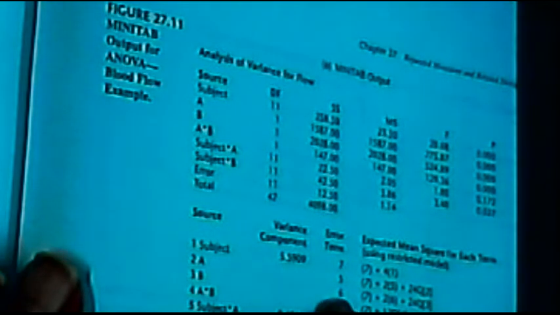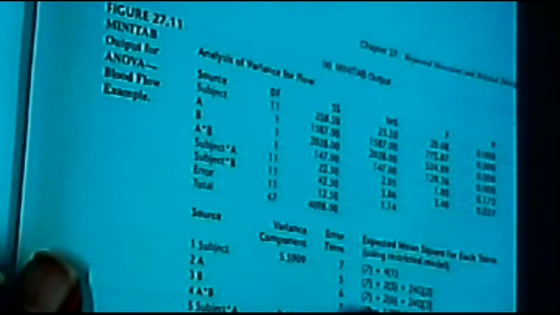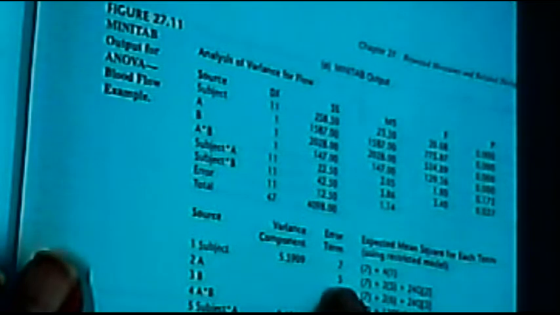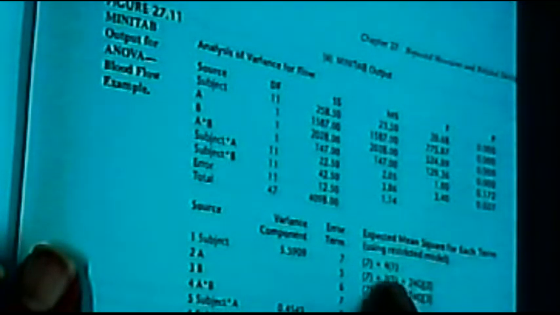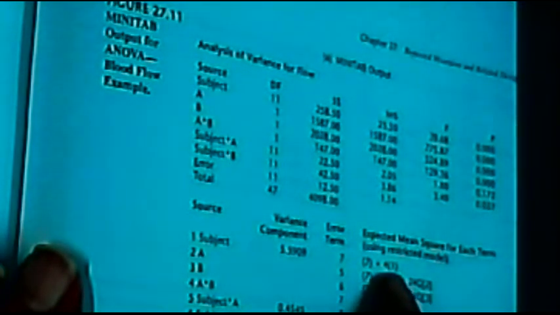When we want to test about B, the denominator should be 6, and it's got the right expected value for that. When we want to test about A, the denominator should be 5, there, and then back up to testing about subjects, the denominator should be 7, the error.